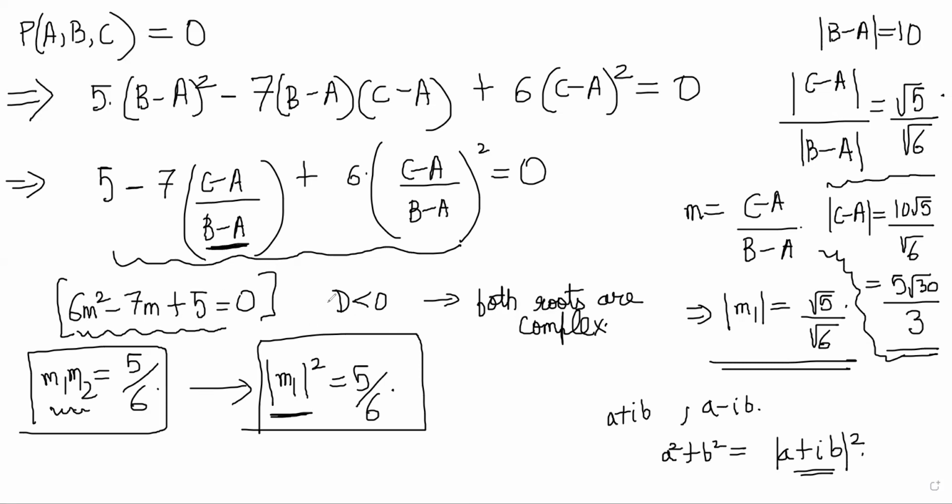So when you do a product of those roots, you will get mod of (c minus a) by (b minus a) whole square. That should be equal to 5 by 6. You will get the same result even if you try to solve the quadratic in a general way. Remember that c minus a and b minus a are all complex numbers here, right? So that solves the problem.